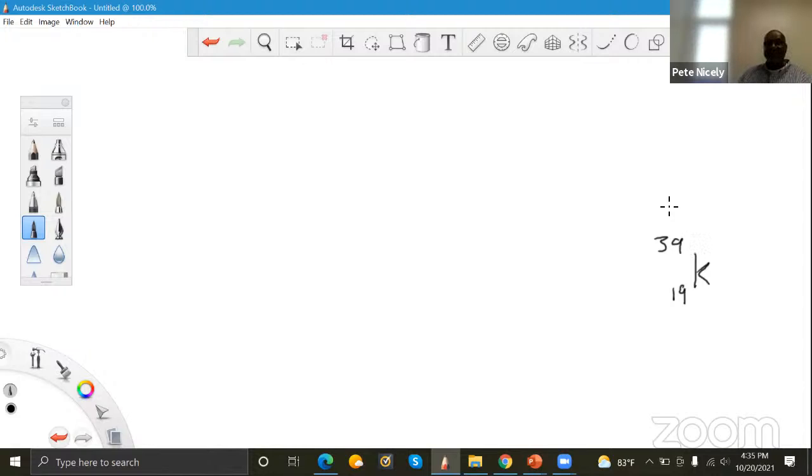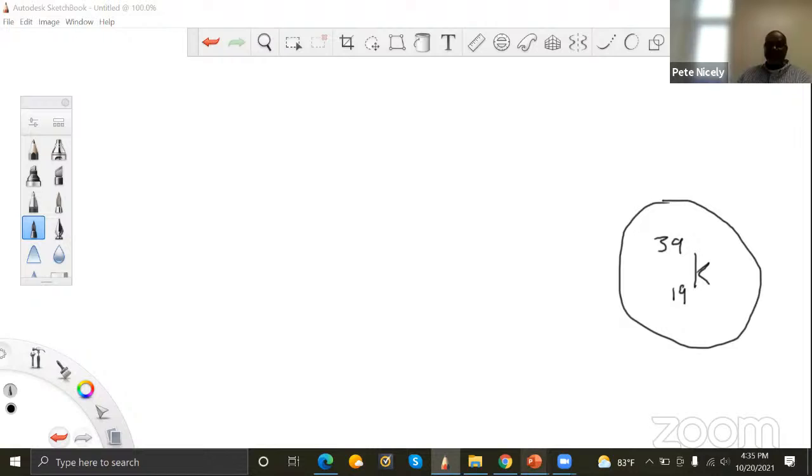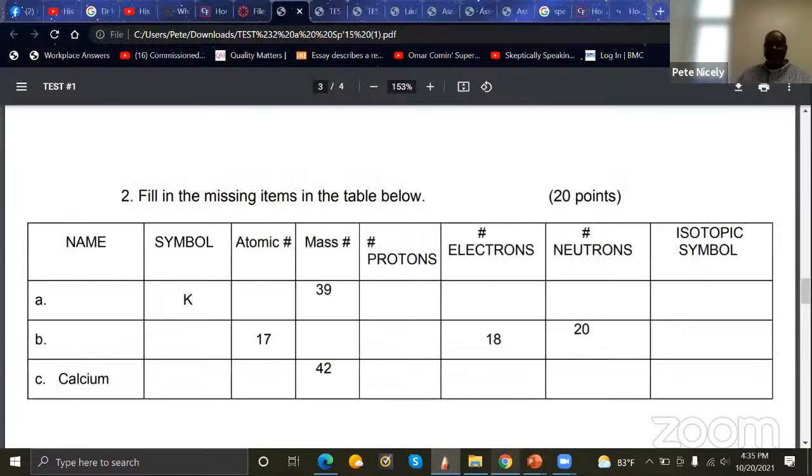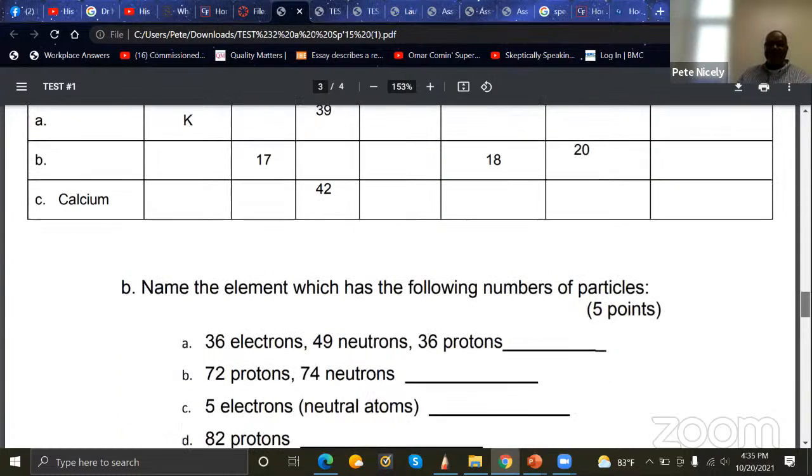All right, so this is what we'd call the isotopic symbol for this particular isotope. And if you understand how to do this, you should be able to do the rest of them. So I don't think I need to go through this in the interest of time, but you can try this on your own. And if you have any problems, then let me know.